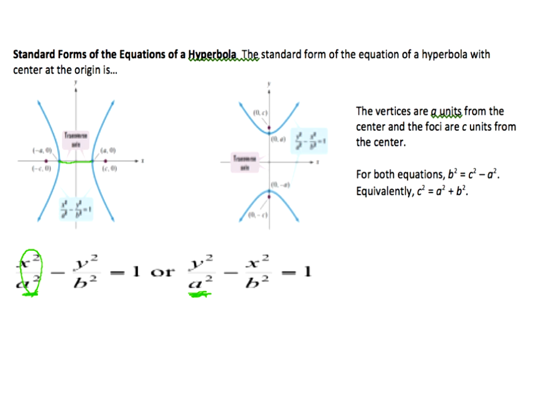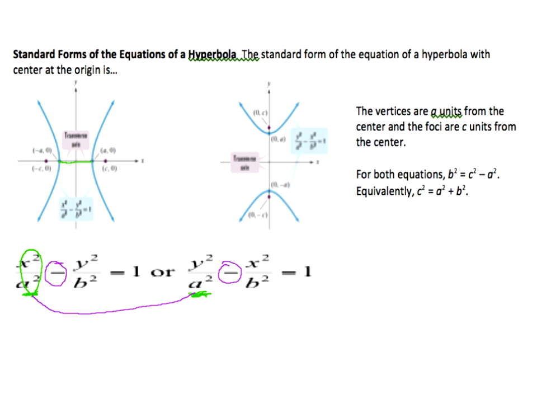We have to pay attention to the order of the terms because we're subtracting this time. So those A's and B's we can't shift the position of them, or the transverse axis shifts to the other direction if it's not centered at the origin. But I want you to notice that your larger value, your a squared value, is always going to be with the first term, whether it's x or y.